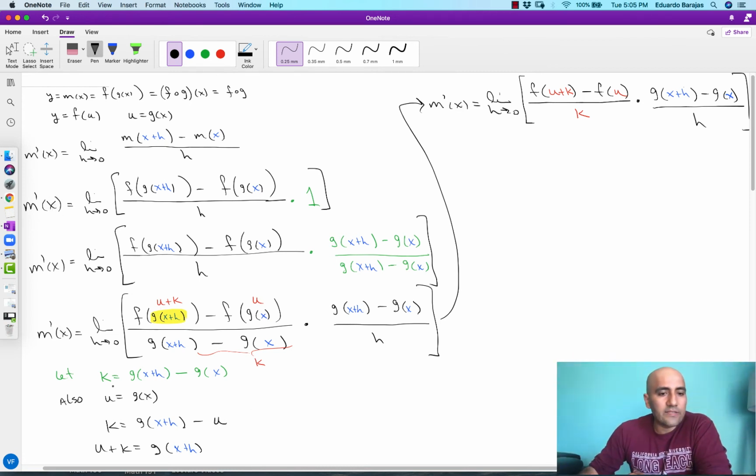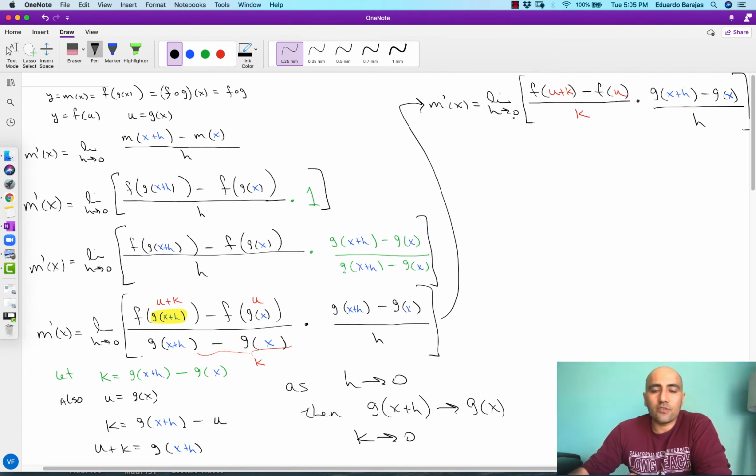Note that based on our definition of where k is, as h goes to 0, g of x plus h will go toward g of x, which means that k will also go to 0. Okay, so this limit as h goes to 0 also results in k going to 0. And I'm going to rewrite the limit as k goes to 0 of this first one.